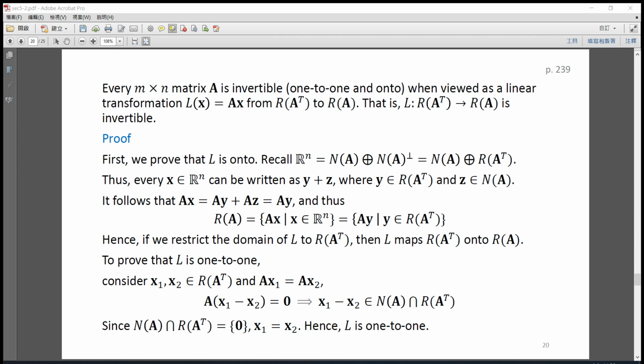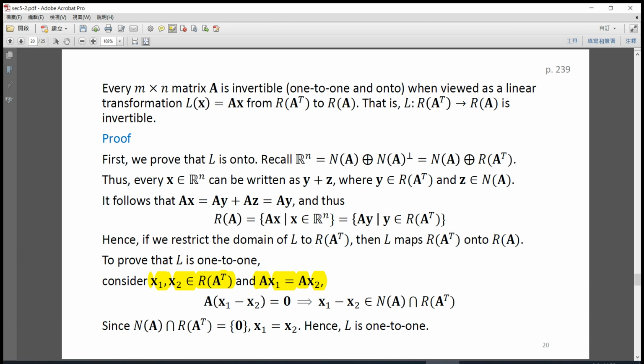Next, we prove L is 1 to 1. To show L is 1 to 1, we need to prove that if Ax1 equals Ax2, then x1 must be equal to x2. Consider x1, x2 in the column space of A transpose, and suppose Ax1 equals Ax2.